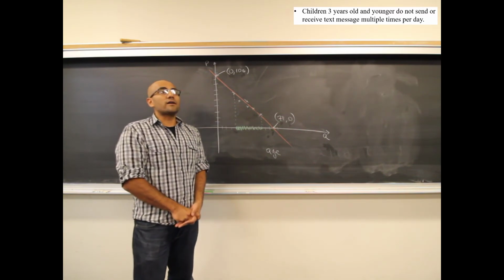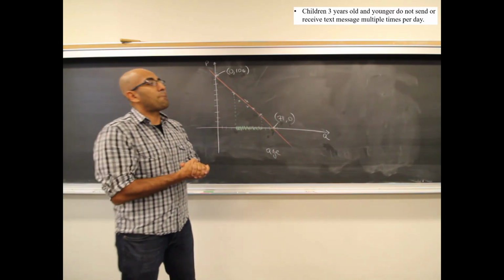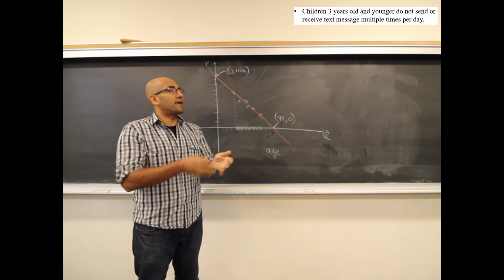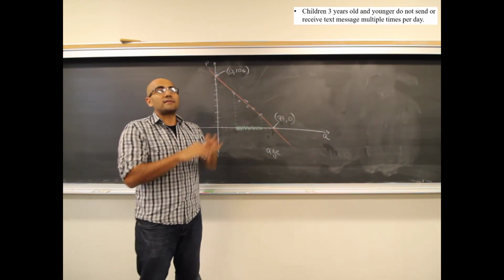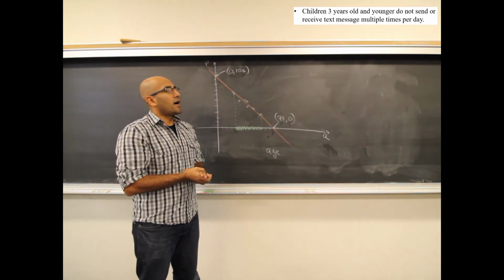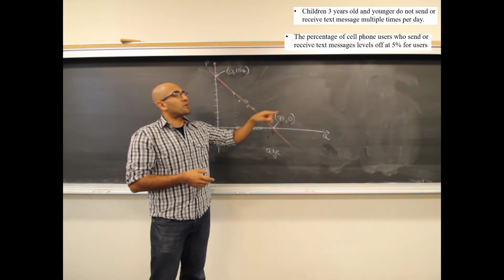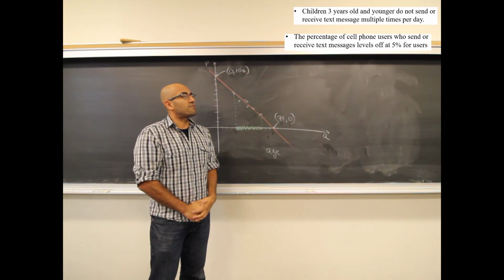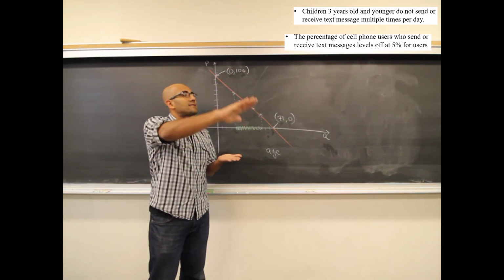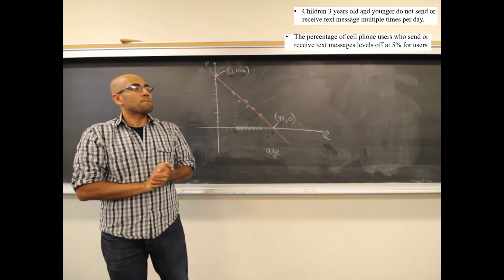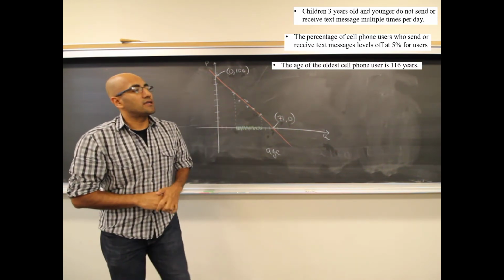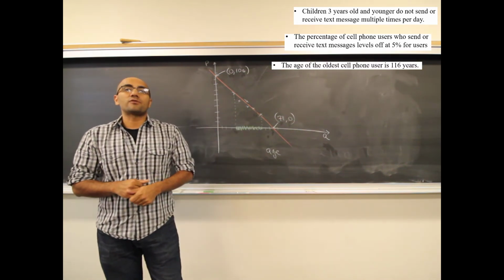The youngest known example that we have is some kid on YouTube who's texting, and he's 3 years old. That's the earliest case we know of. The percentage of cell phone users who send and receive messages levels off, flattens out at about 5% for users that are 80 years or older. And also, the age of the oldest cell phone users is 116.